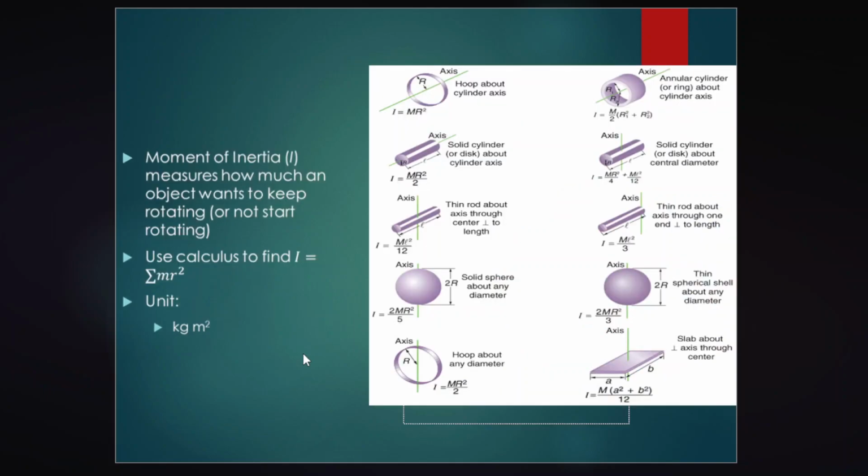Moment of inertia measures how much an object wants to keep rotating or to not start rotating. It really uses calculus with the geometry of the object, and there are a ton of different moments of inertia out there. Basically, every shape is going to have its own calculation. A hoop is going to be different than a sphere.